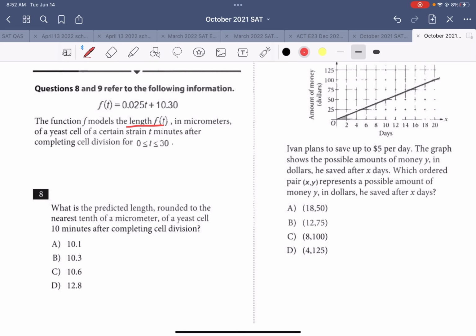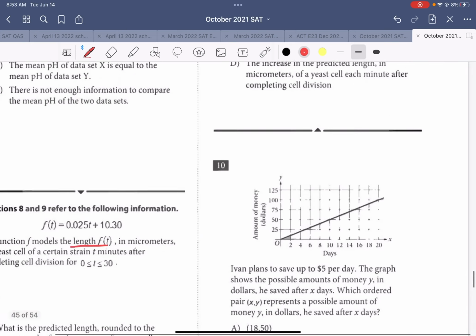What is the predicted length to the nearest tenth of a micrometer of a yeast cell 10 minutes after? So you substitute 10. So f of 10 is 0.025 times 10 plus 10.30. When you plug it in the calculator, that's 10.55. So that's to the nearest tenth. It should be C.